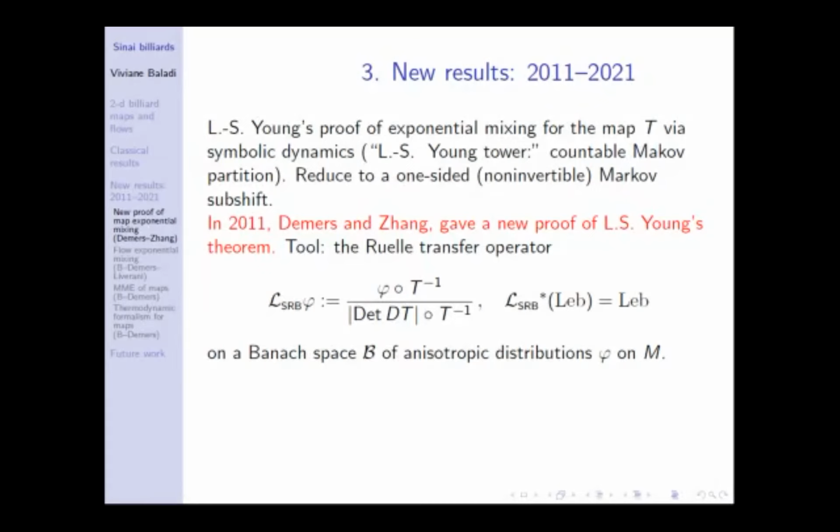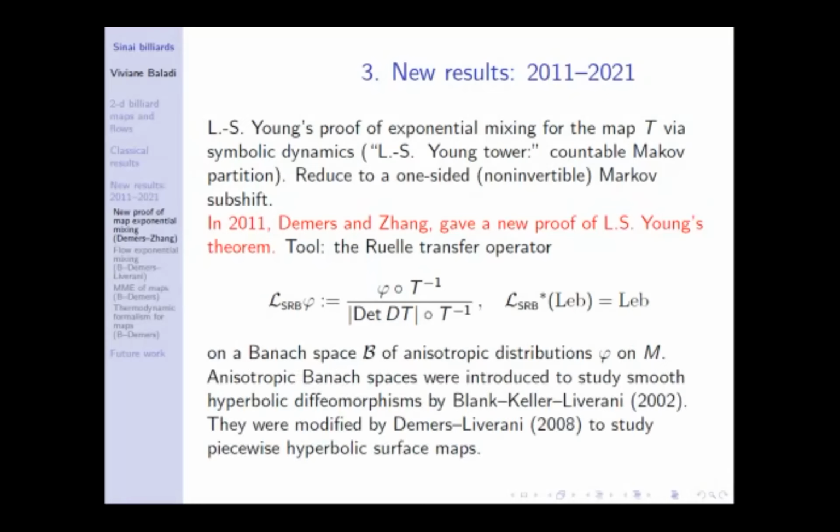So you need to find a good space of distributions. And a good space of distributions will be anisotropic because the stable and unstable directions play a very different role. Just to mention that this was not the first time ever that anisotropic spaces were used in dynamics. I think the first time is a paper by Blank-Keller-Liverani almost 20 years ago. And they were used by many other people and for several problems.